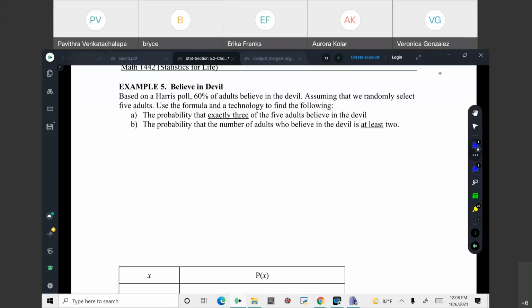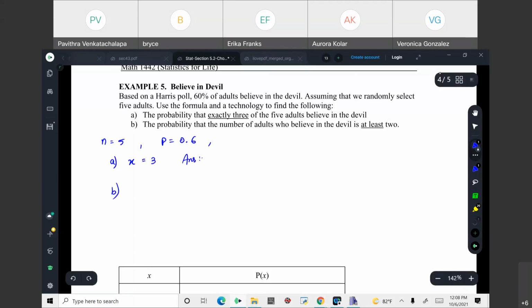So in this, what is n? N is equal to 5. Yes. Probability is 0.6 and x is equal to, we have two options here. So here x is exactly 3. So you have n, p, x. So find out the answer. For B, they are saying the number of adults is at least 2. So that means x is greater than or equal to 2. So first find that and then I will tell you what to do.